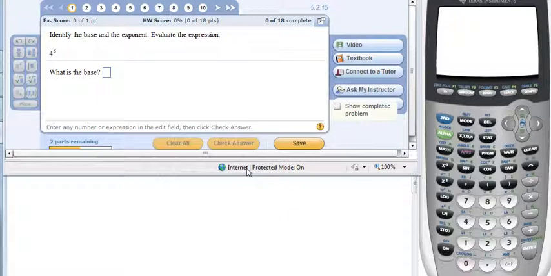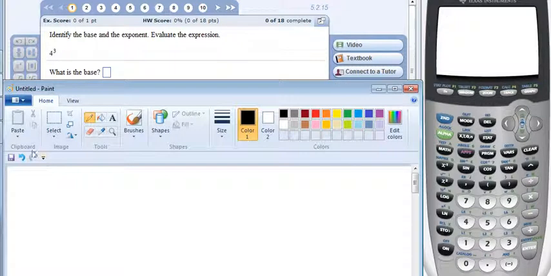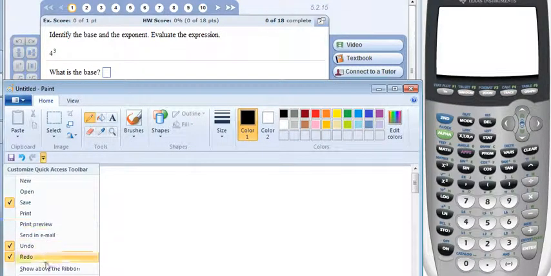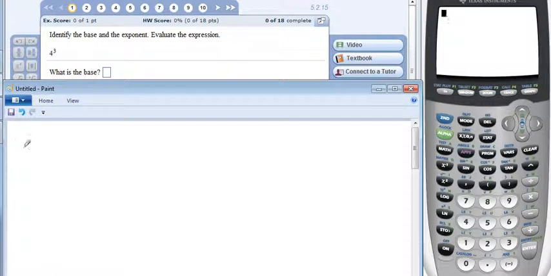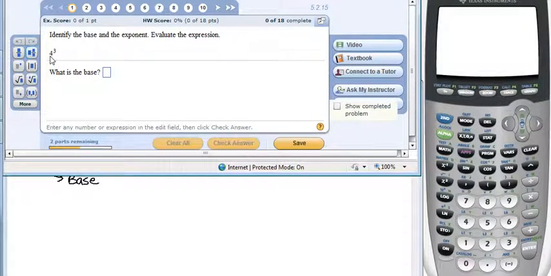So let's start out with just the basics of exponents. If I have an exponent like this, this is called the base, and this is the exponent, or we can also call it the power. Here the base is 4 and the exponent is 3, so it's 4 raised to the third power.